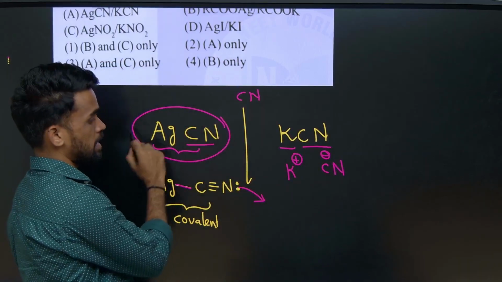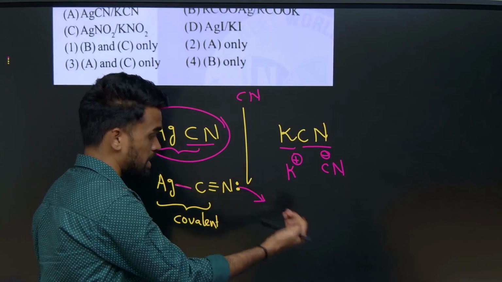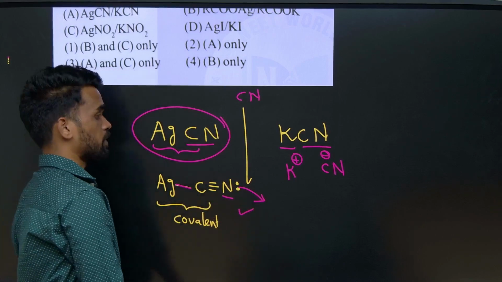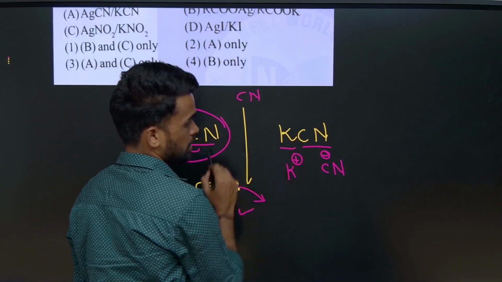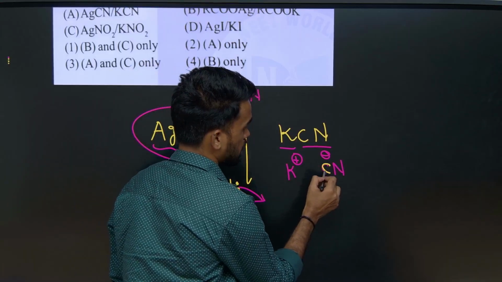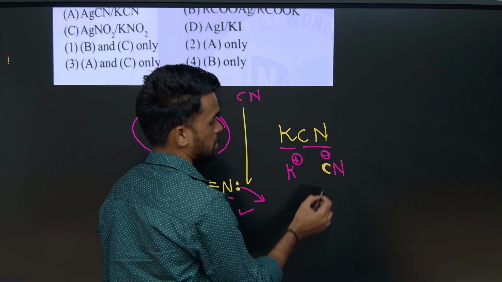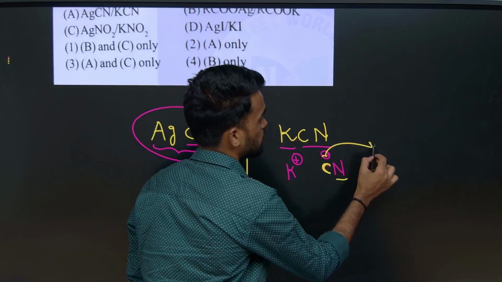So from AgCN, from which side is it donating the electrons, or acting as a nucleophile? From the nitrogen side, right? Now when we compare with this, in KCN, carbon has the negative charge, CN-. We know carbon is less electronegative than nitrogen, and it has the negative charge. So these electrons will be donated.